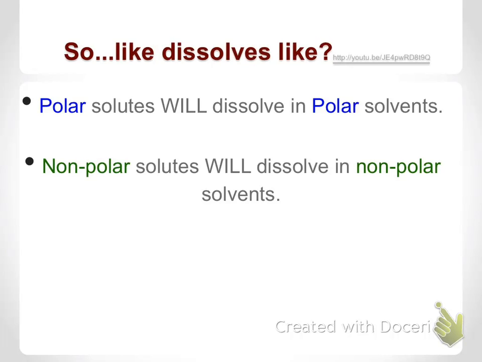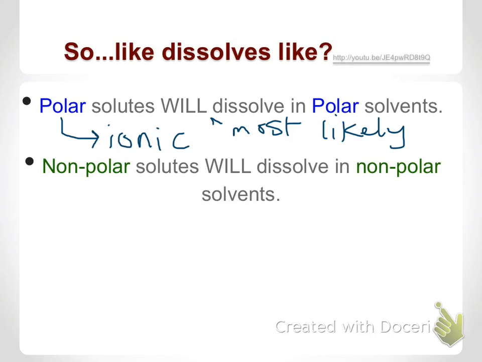And actually, we can make this a little bit more thorough by noting that if it's polar or if it's ionic, then those things will most likely dissolve in a polar solvent. They're not going to always, so most likely. Just because it's ionic doesn't mean it's always going to dissolve, but if it's going to dissolve in something, it's going to be a polar solvent. Same thing for nonpolar. Doesn't mean it's got to dissolve, it means it's most likely to dissolve.